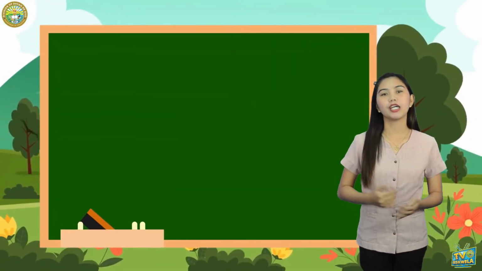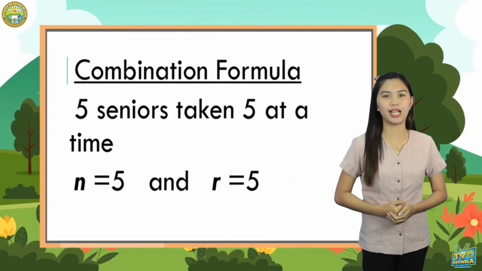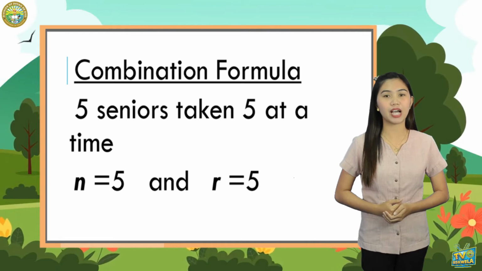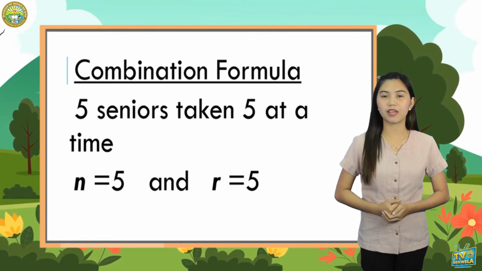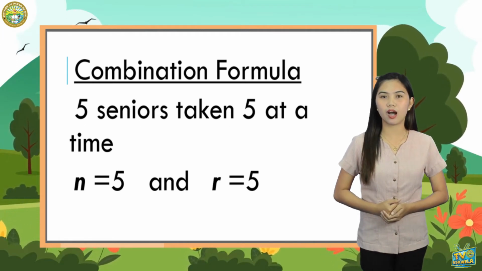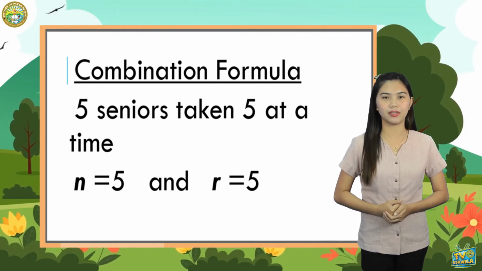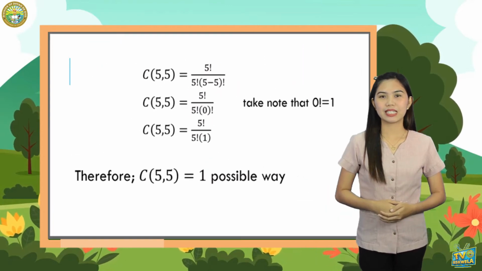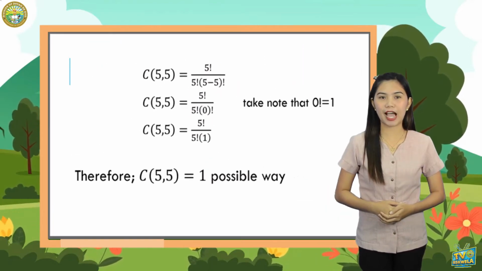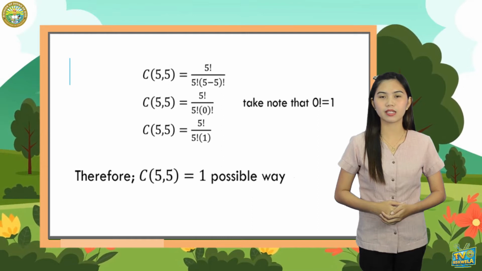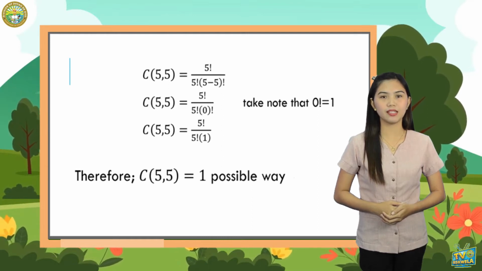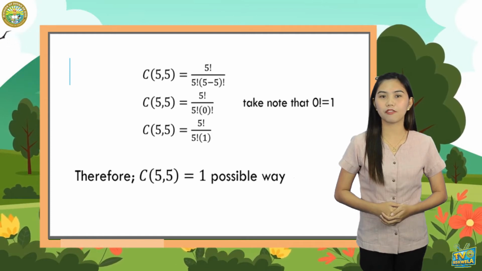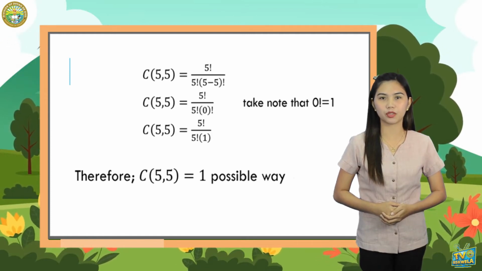Let us check using the combination formula. 5 seniors taken 5 at a time, so we have n equals 5 and r equals 5. So, C(5,5) equals 5 factorial over 5 factorial times (5 minus 5) factorial.